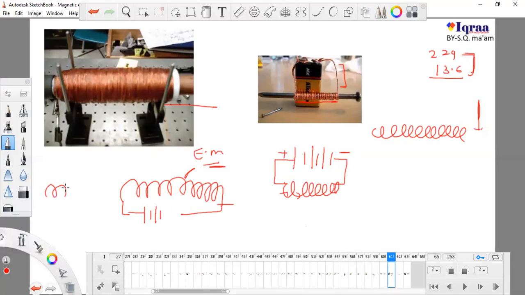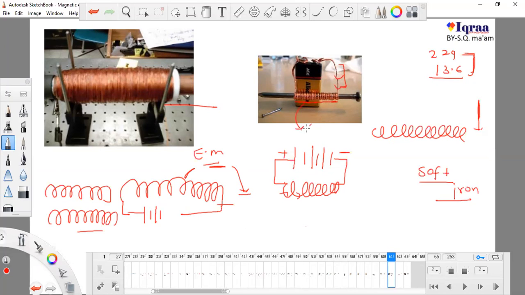Many loops are created by copper wire, or you can use soft iron, either one. When we pass electricity through this loopy thing, it converts into an electromagnet, and this type of electromagnet is known as a solenoid.